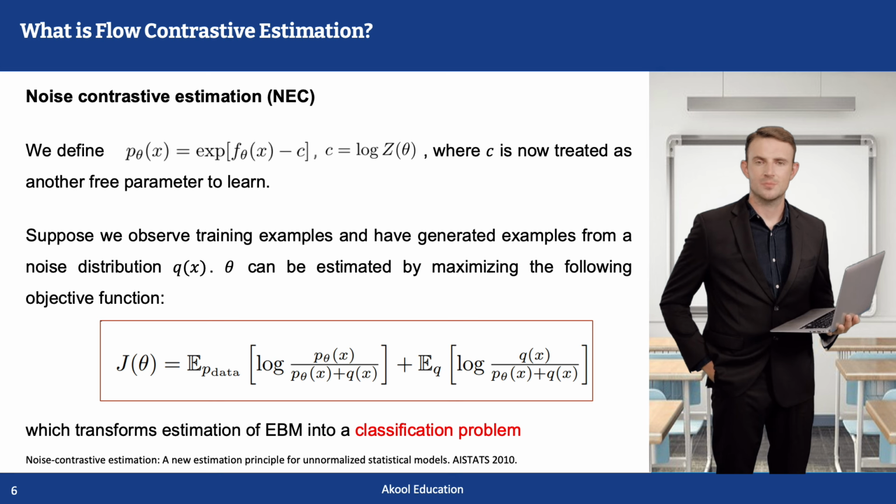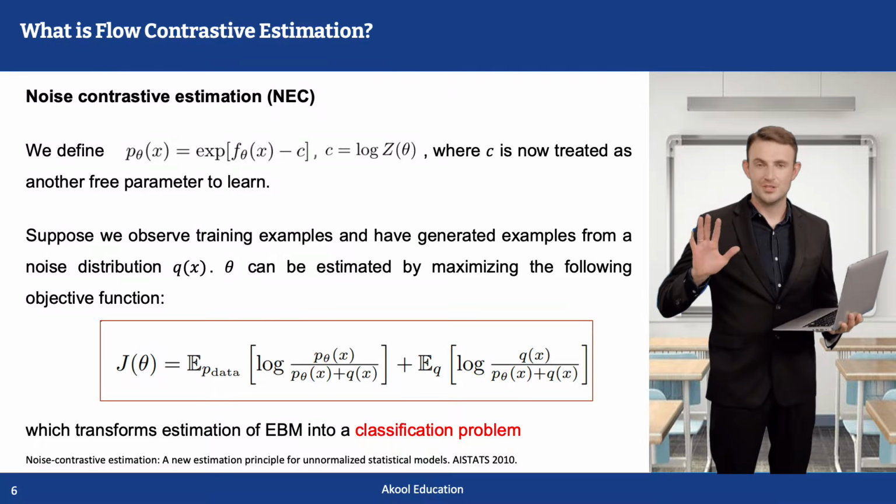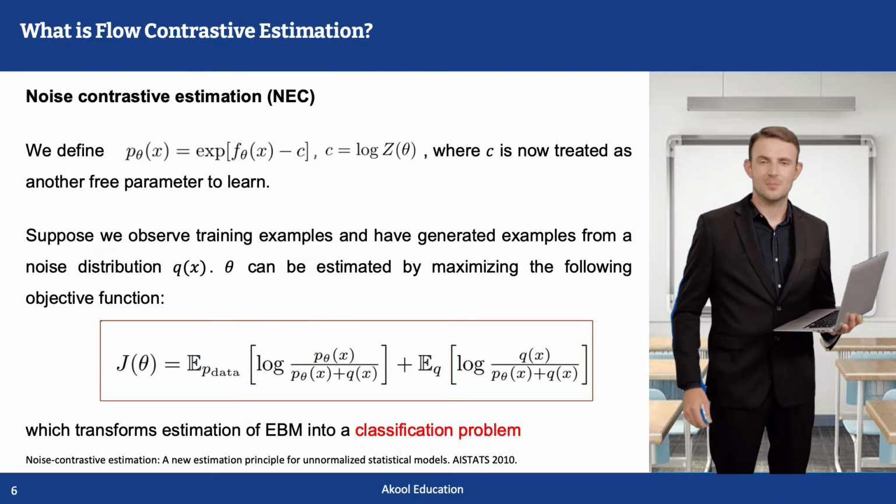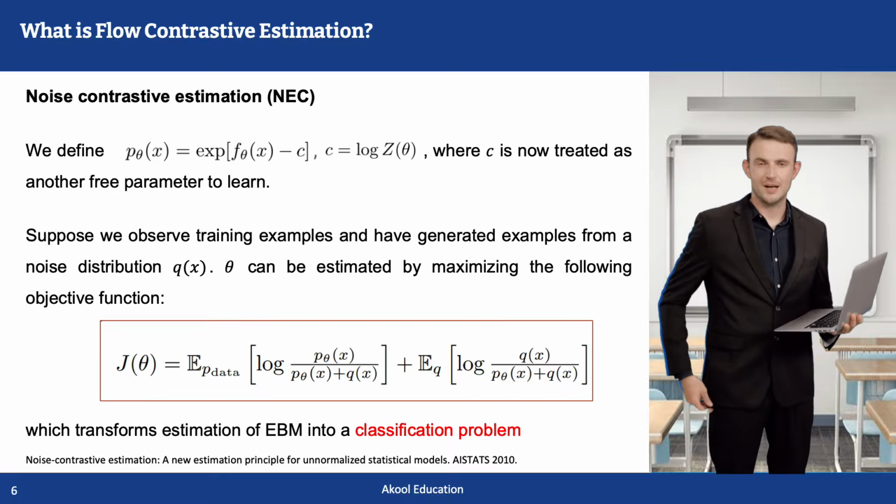Suppose we have observed real data samples and generated samples drawn from a noise distribution Q. The model parameters theta can then be estimated by maximizing the following objective function. This objective function aims at training the model p of x to distinguish real data and noise samples, effectively turning density estimation into a binary classification problem.